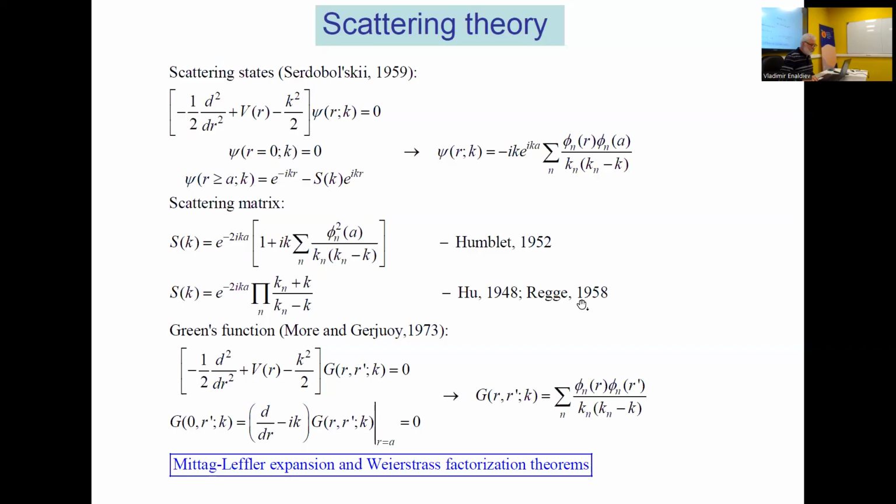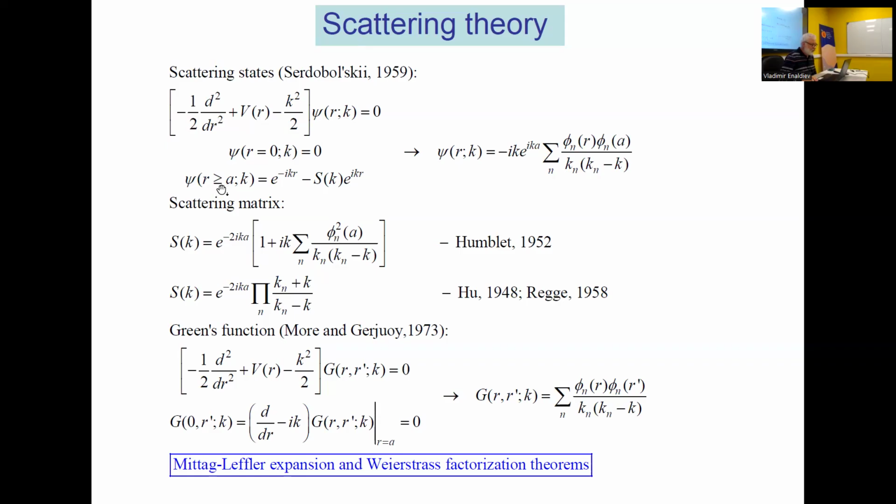Let's go further. Now we are interested in the solution of this scattering problem. So the same radial Schrödinger equation, regularity boundary condition at r equals 0, and now the usual scattering boundary condition at r goes to infinity, but here the potential has a finite range.